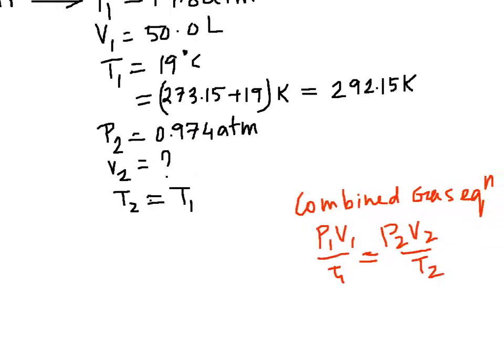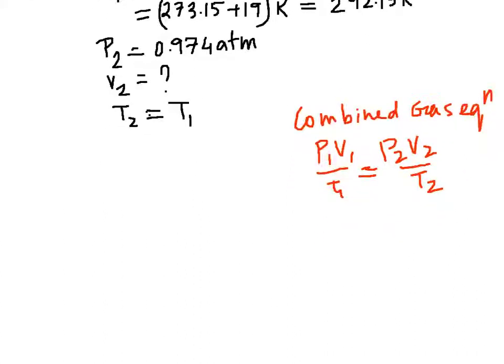If you go forth on this, you'll see that you can actually cancel out T1 and T2, because they're constant, and so you'd be left with simply Boyle's law, which is P1 V1 is equal to P2 V2. So now you just need to plug in the quantities.